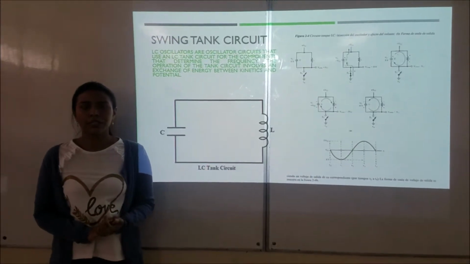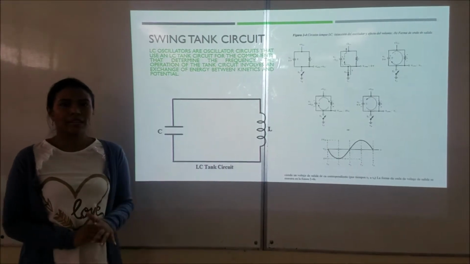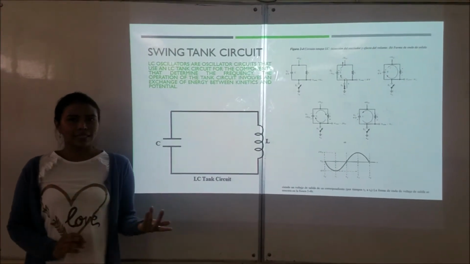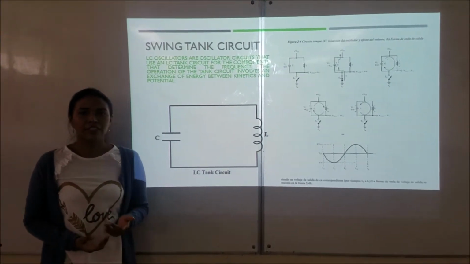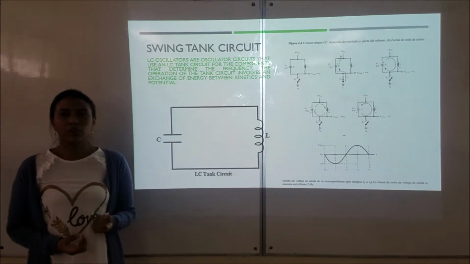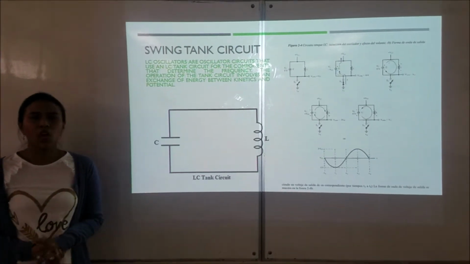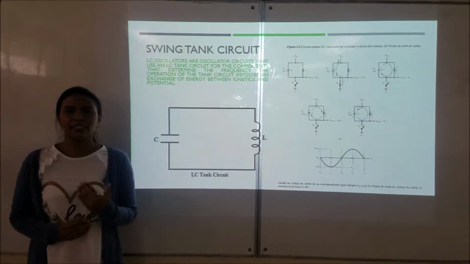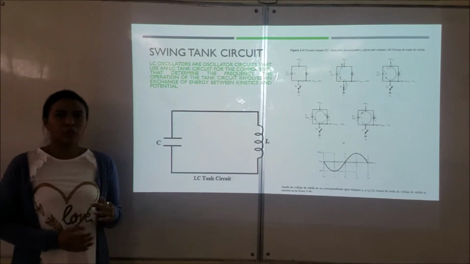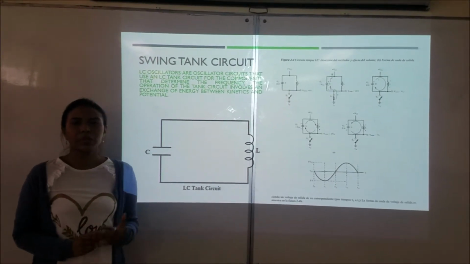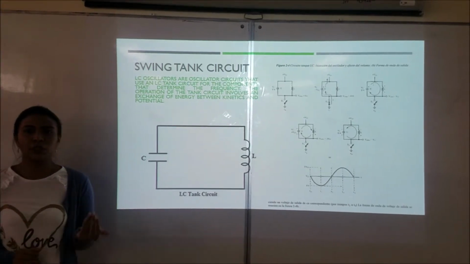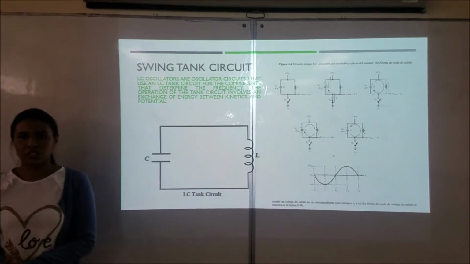So now we are introducing the tank circuit. What is this? LC oscillators are oscillator circuits that use an LC tank circuit as the component that determines the frequency. The operation of the tank circuit involves an exchange of energy between kinetic and potential.